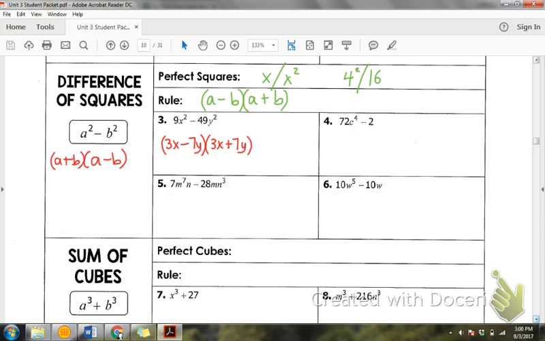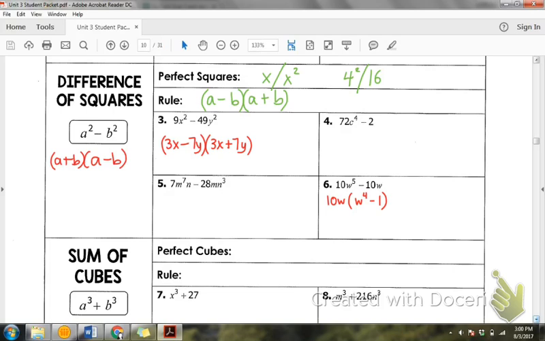Let's look at number 6. What do we always look for first? Because if you notice, 10 is not a perfect square, right? So this wouldn't work. So the greatest common factor is 10 what? 10w. So if I pull a 10w out, I get w to the 4th minus 1.